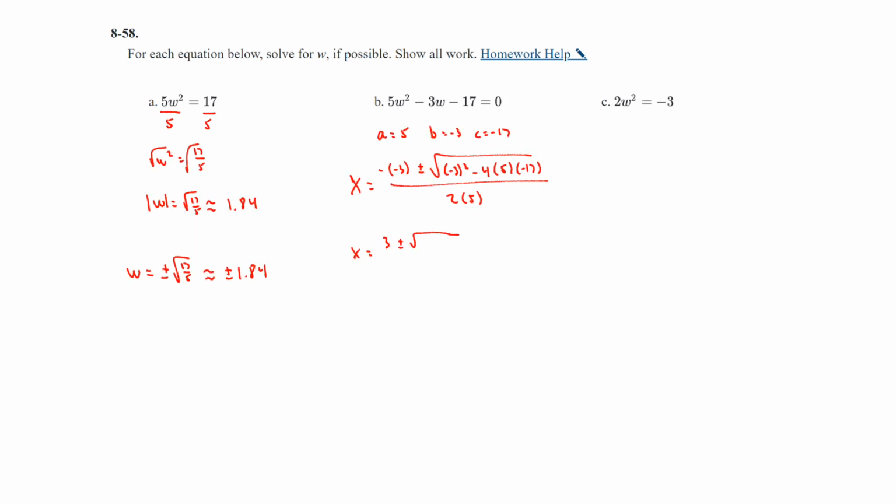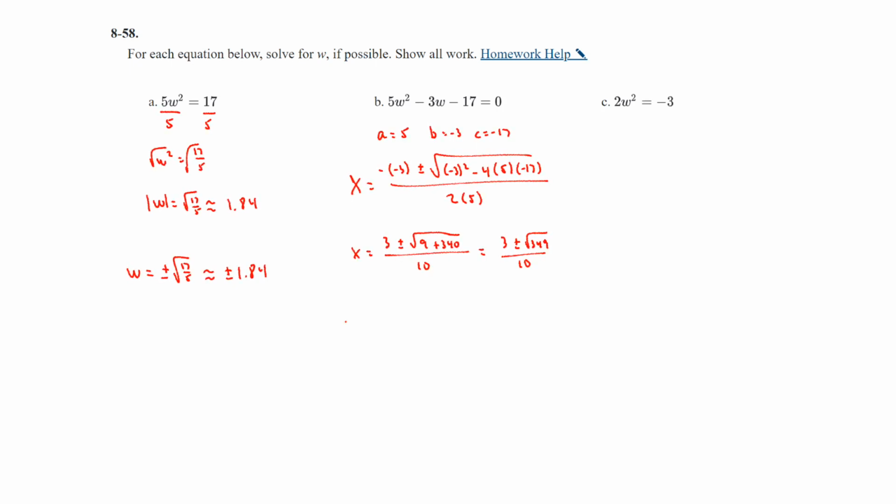Then you have underneath the square root 9. And then negative 4 times 5 times negative 17 would be positive 340. And then 2 times 5 is 10. So this would equal 3 plus or minus the square root of 349 divided by 10.